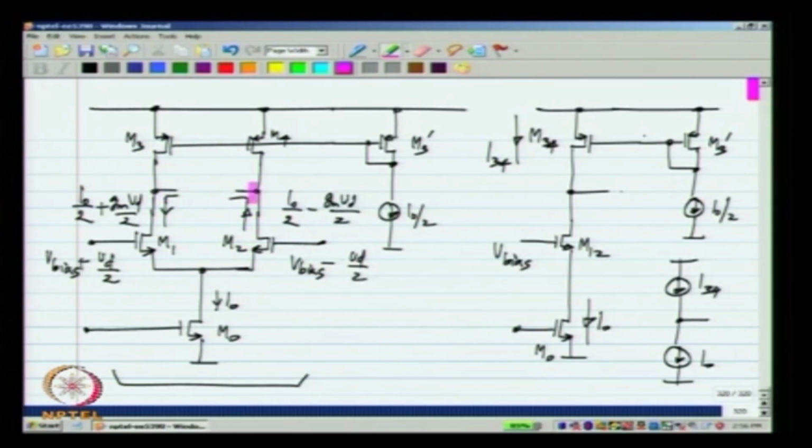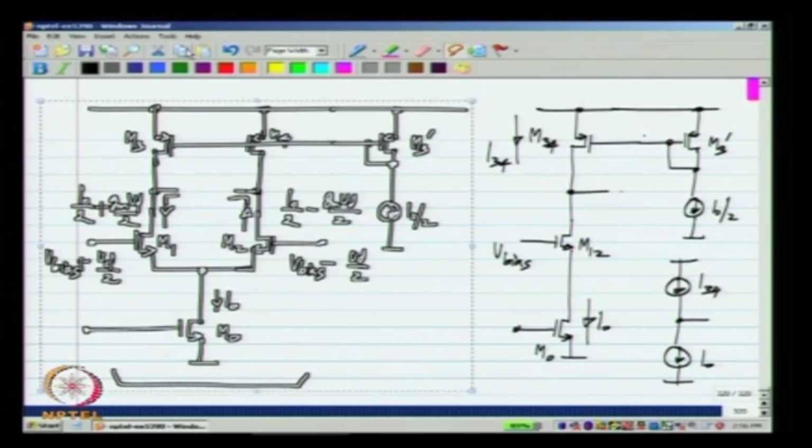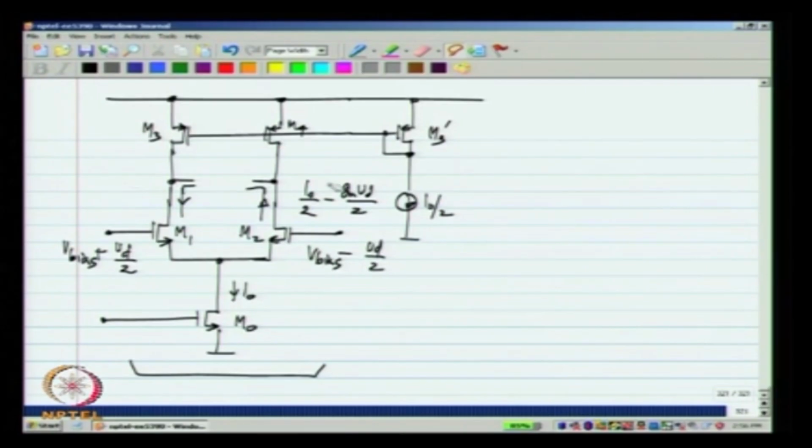What I want is for the sum of these two voltages to be some constant, such that all the transistors M1, M2, M3, M4 are in saturation region. So, let me call this VOP and VOM.